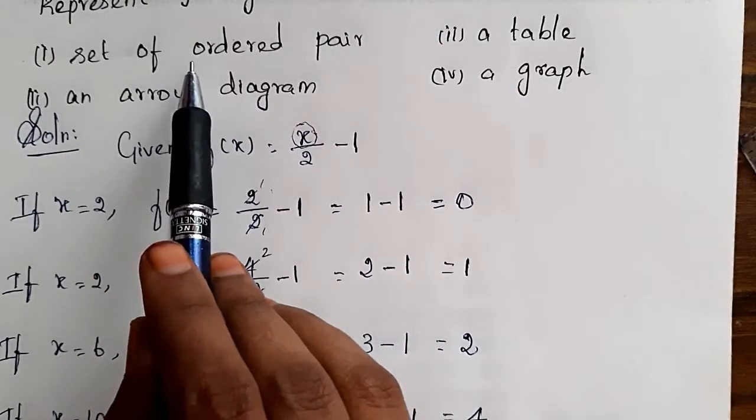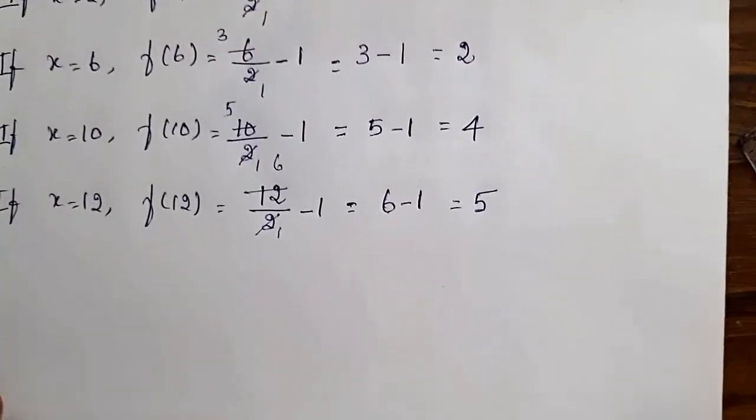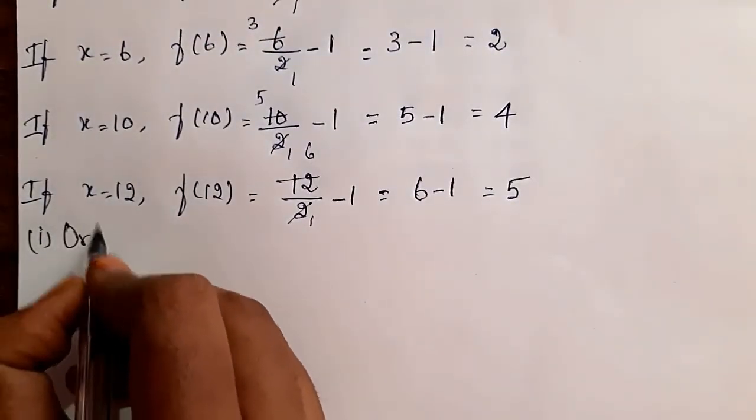Next we can find the first one, the ordered pair. How can you write the ordered pair?